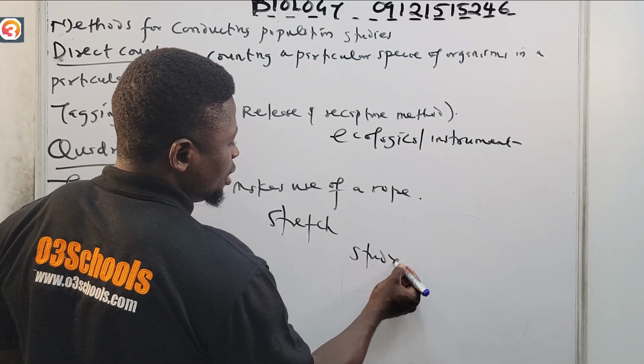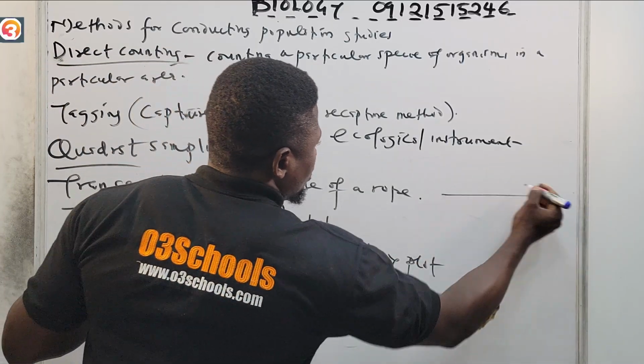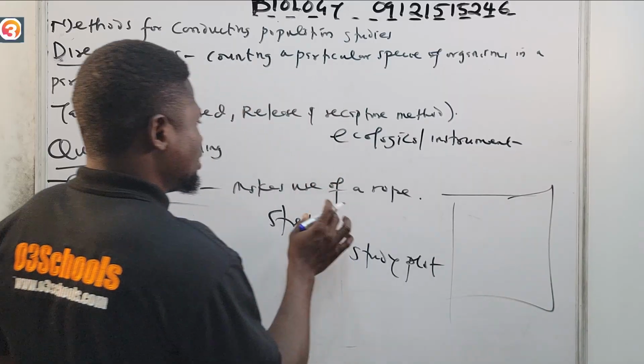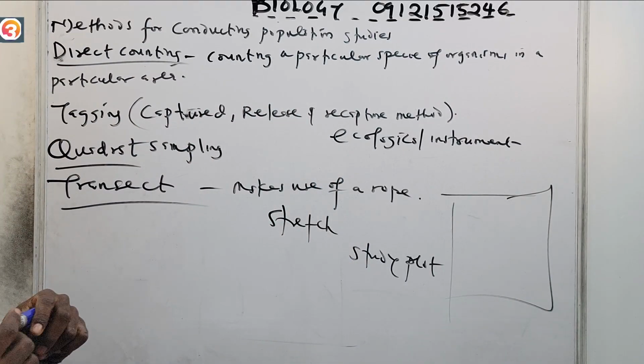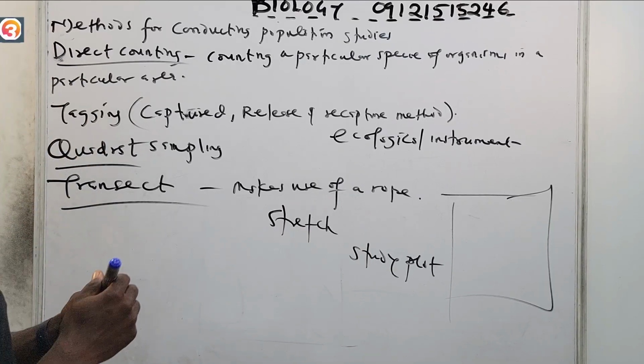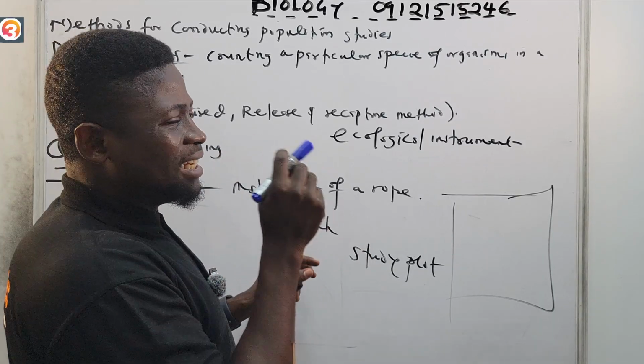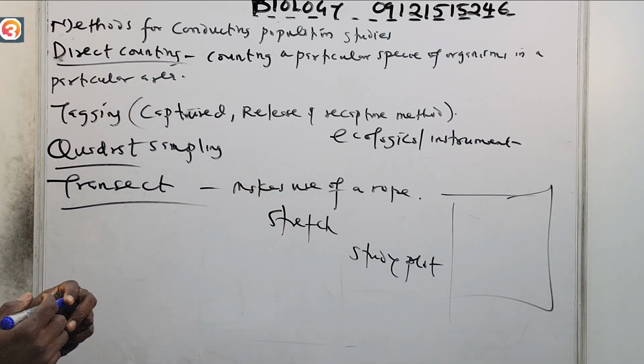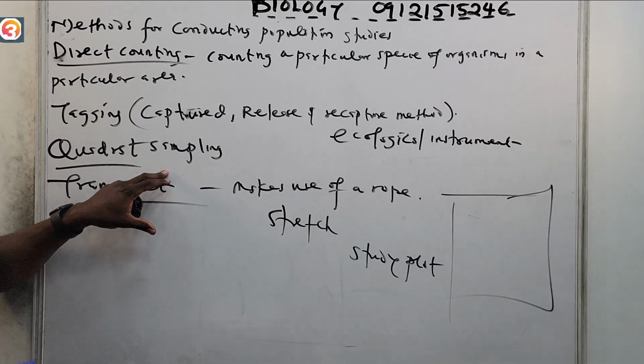You stretch it across the study plot. Now any animal that falls in the marked plot will be counted. It's as simple as that.